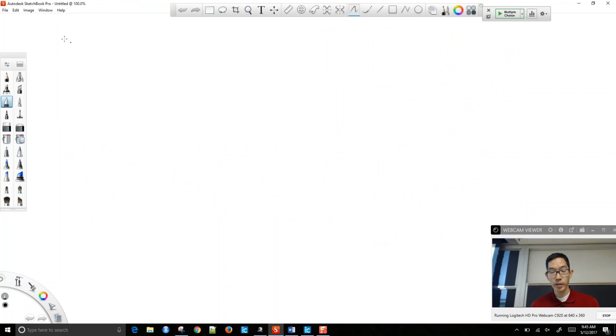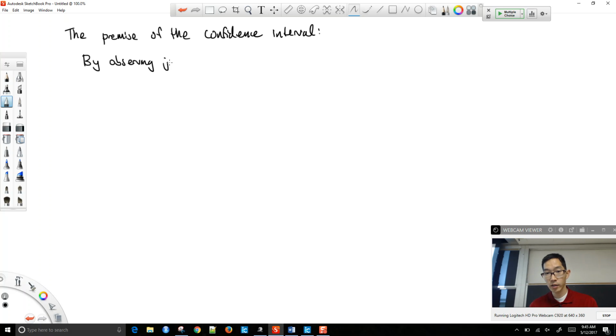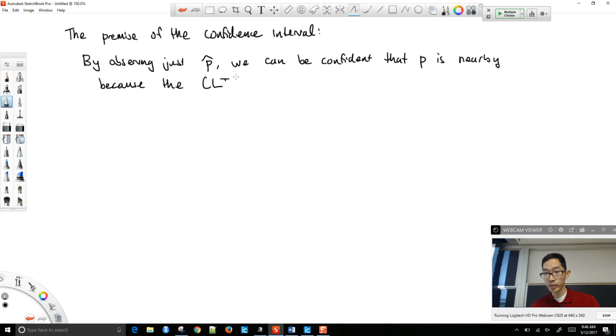Okay. So the premise of the confidence interval is that by observing just p hat, we can be confident that p is nearby because the central limit theorem tells us that random samples produce p hats near p.